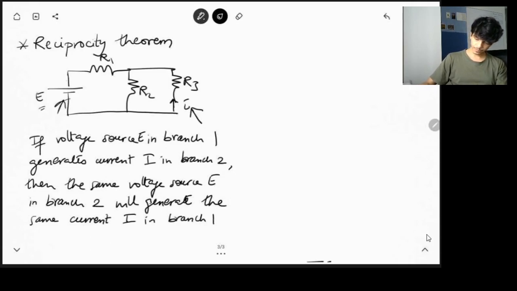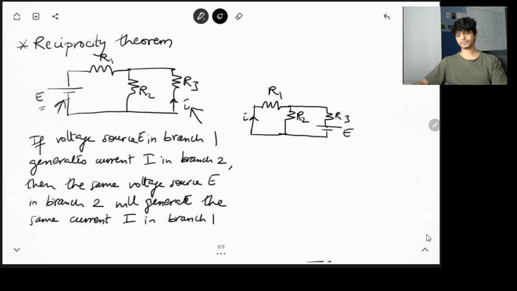So if I were to make a circuit that looked like this, I'm going to put the voltage source where I was measuring the current before. Then the current flowing through this branch over here will be I. So this is the reciprocity theorem.